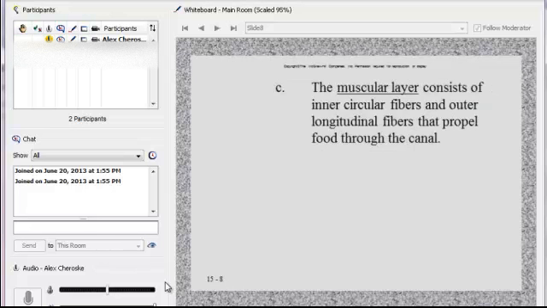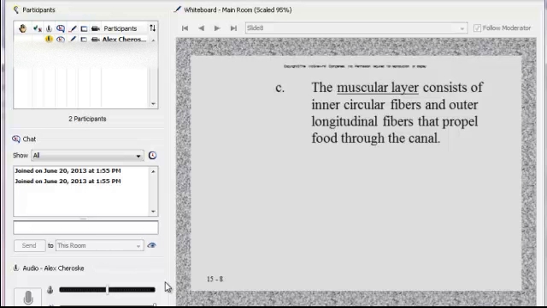Then we have the muscular layer, the muscularis. This one is actually two different muscle layers: an inner circular layer, and an outer longitudinal layer. Now, we have three different muscle types: skeletal, cardiac, and smooth. What type do you think this is?